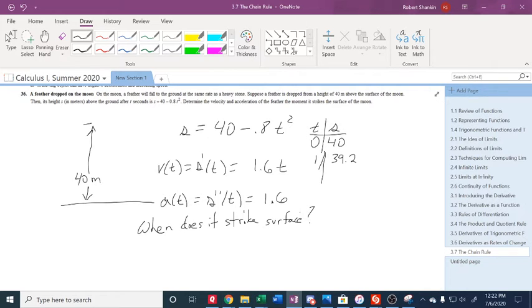Anybody have an idea? How do you find out? Can't you find t when s equals 0? That is correct: set s to 0 and then solve for t. We're trying to find out this value when s is 0, so we're going to put the 0 in right here.